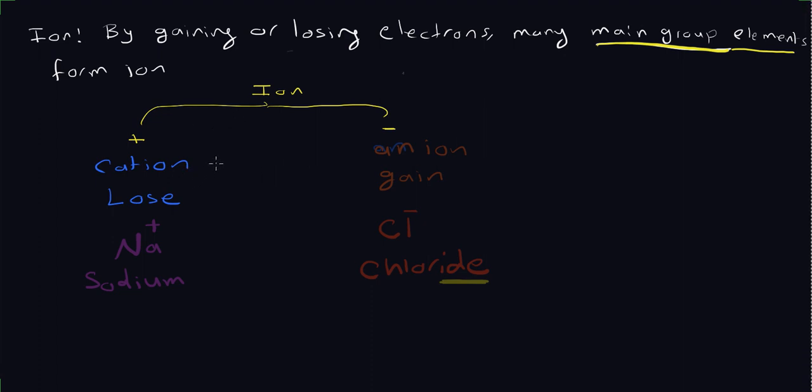As I said before, we have two types of ion, monoatomic ion and polyatomic ion. Now we just study monoatomic ions. Ions can be classified into two categories, monoatomic ion and polyatomic ion.